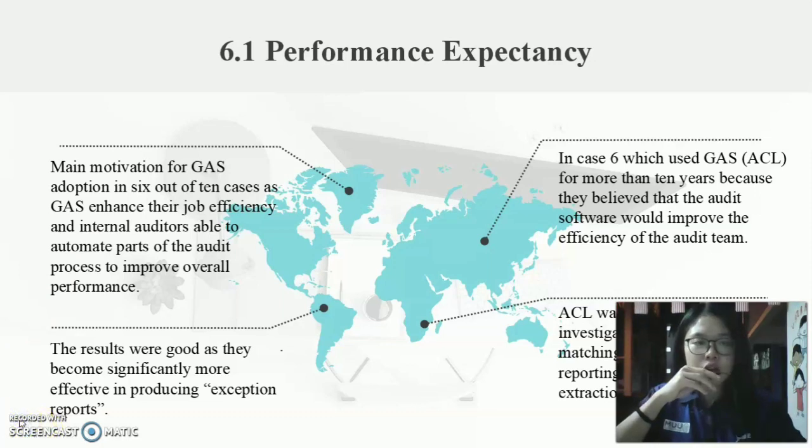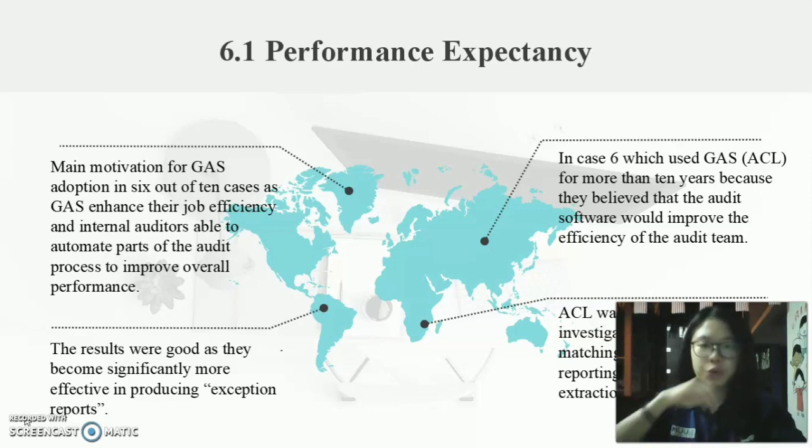The adoption of GAS, especially ACL, resulted in great performance, like the organization in case 6, which has used GAS ACL for more than 10 years because they believe that the audit software would improve the efficiency of the audit team. ACL is used in fraud investigations by comparing housing benefit data with payroll data.